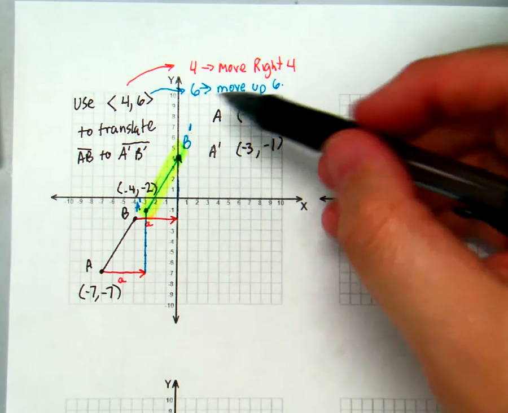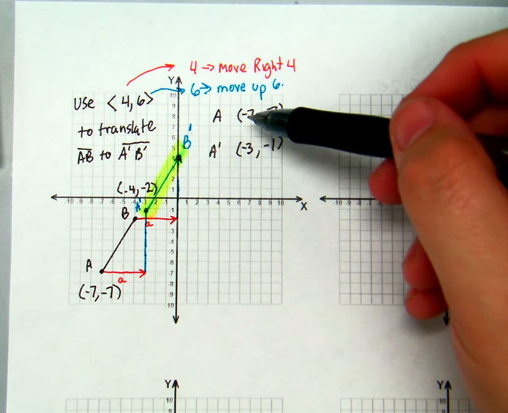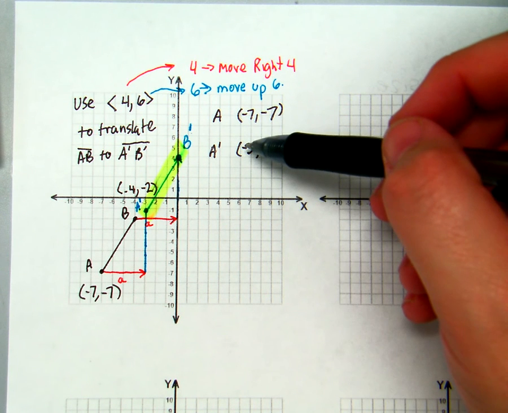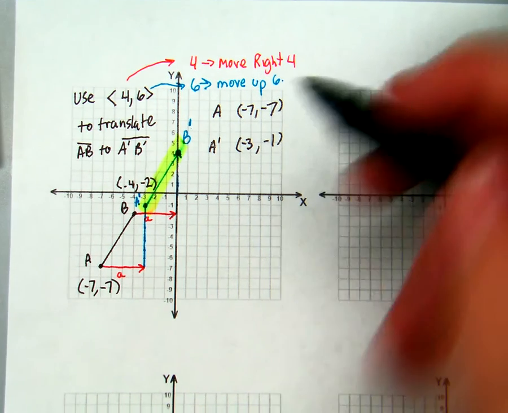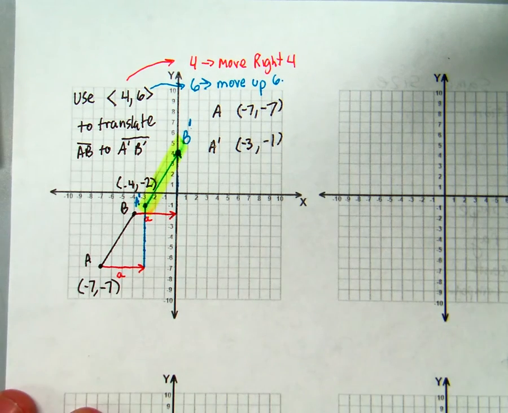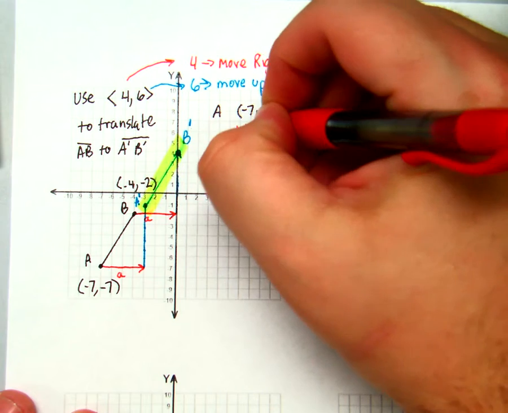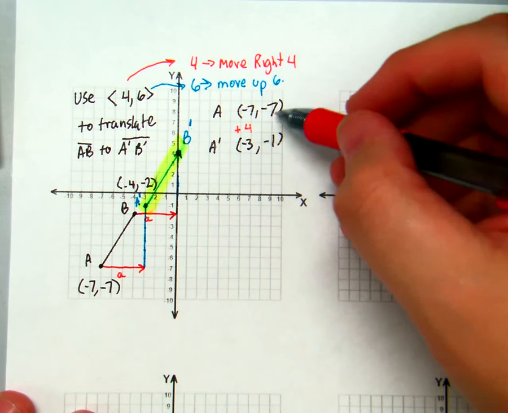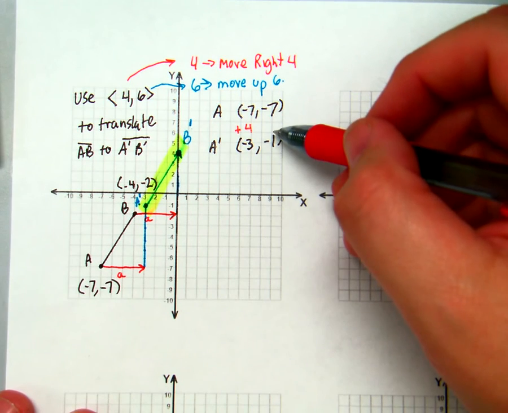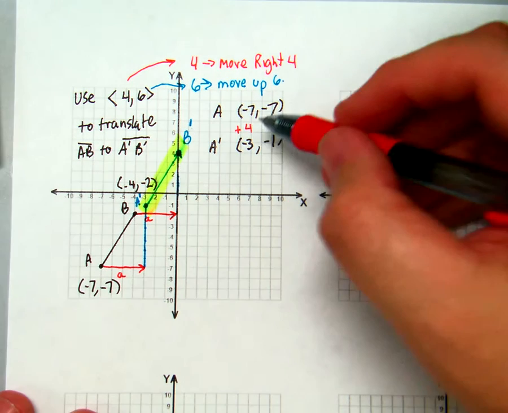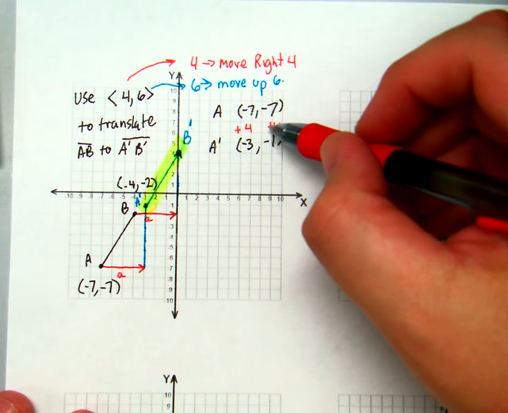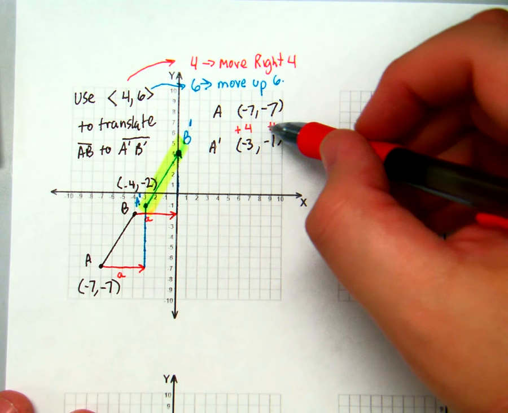Now, how did I get from -7 to -3? How do you get, on a number line, from -7 to -3? Add 4. How do you get from -7 to -1? Now, where else do these numbers appear, the 4 and the 6? In the vector, isn't it?